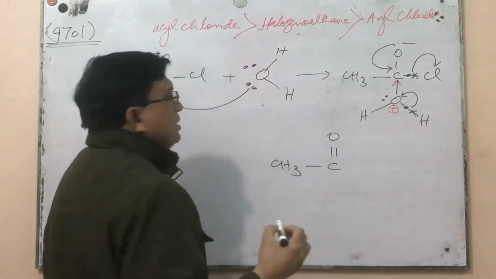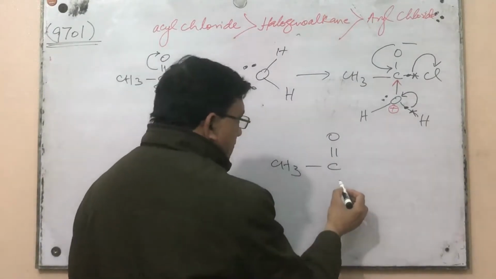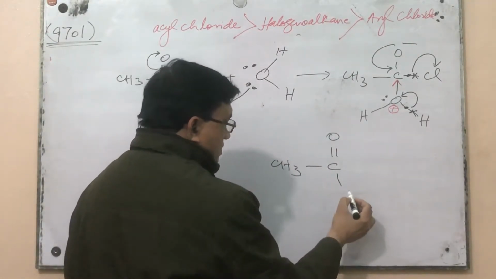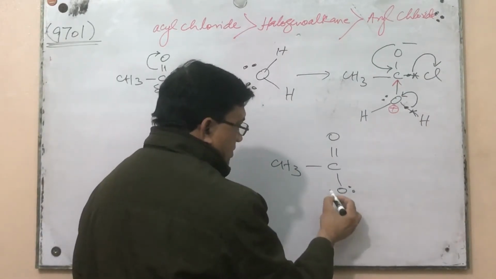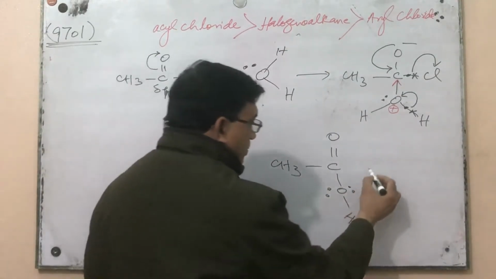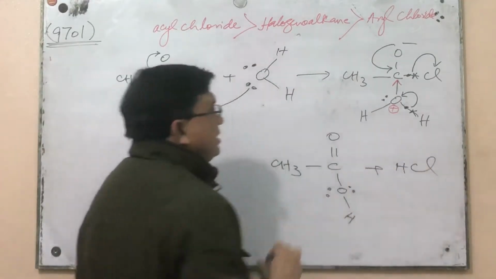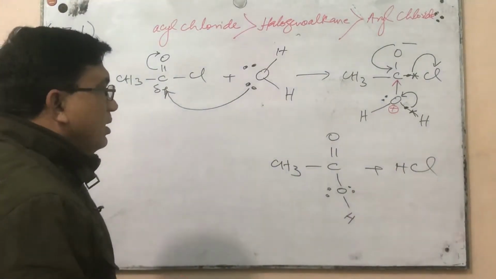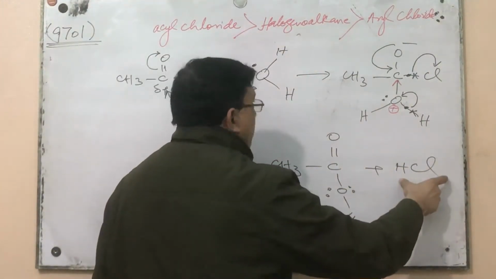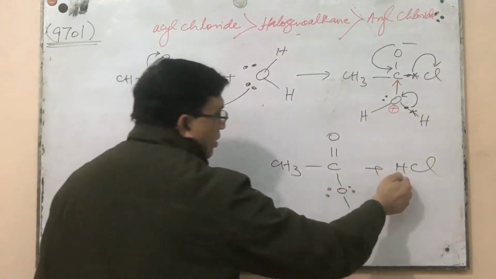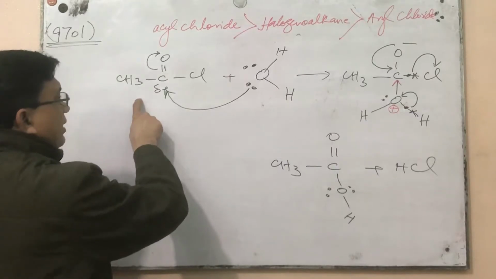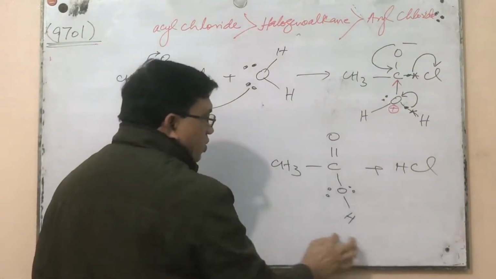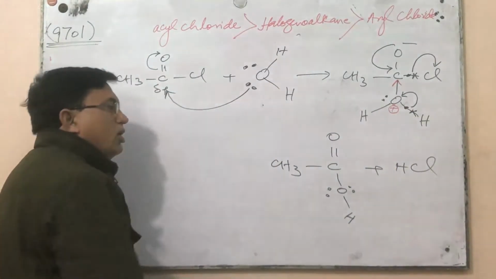All these steps take place in a very fast process, producing HCl as a byproduct. White fumes of hydrochloric acid are seen, and again ethanoyl chloride will be changed on hydrolysis into the carboxylic acid.